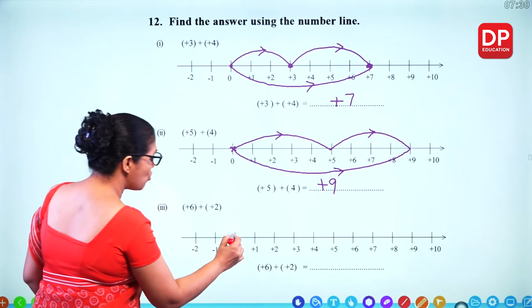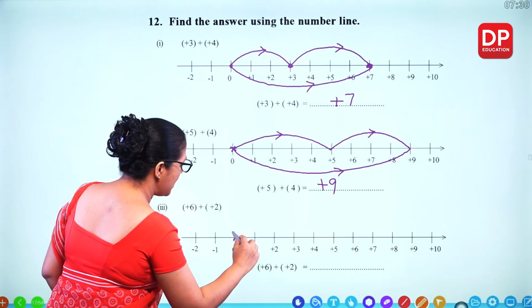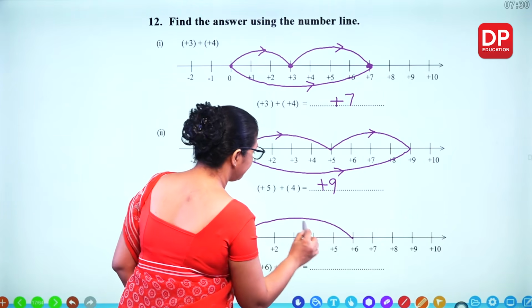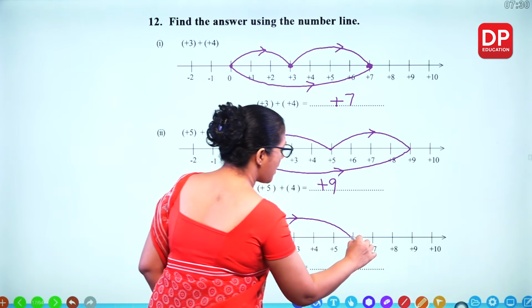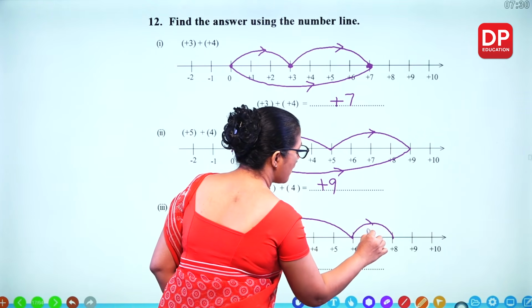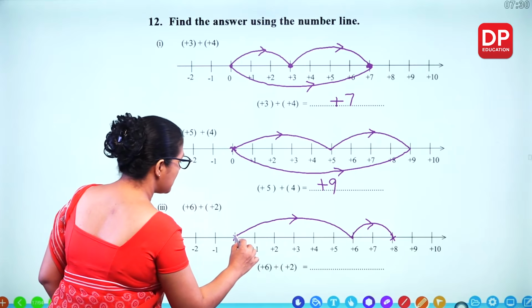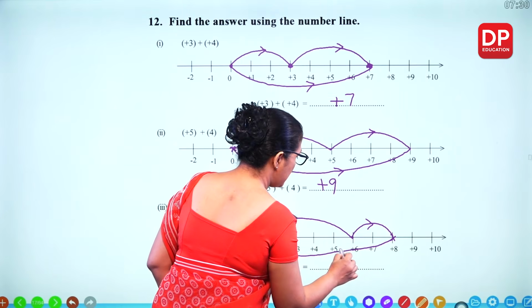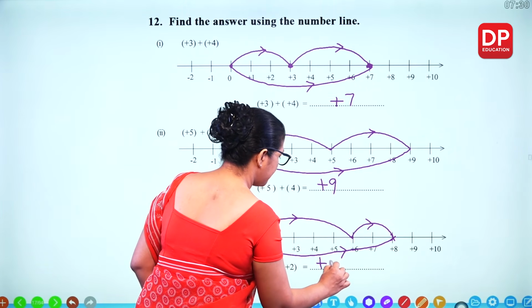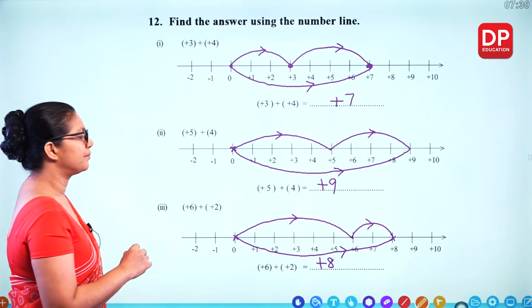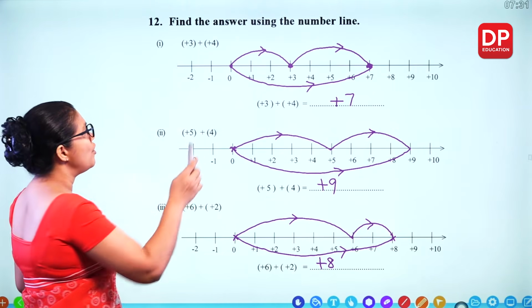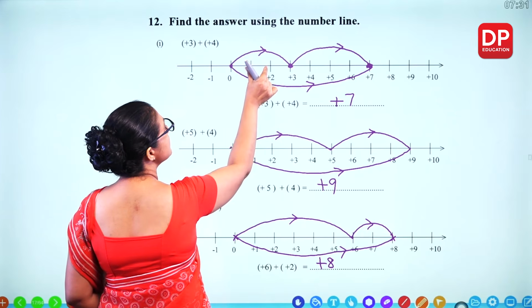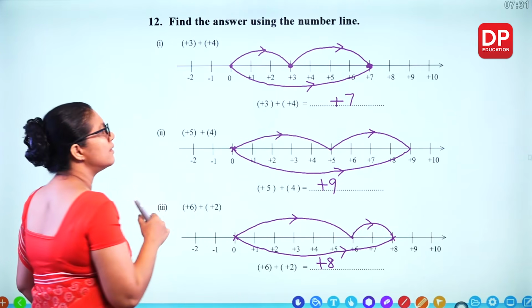Starting from initial point, plus 6 means 6 squares to the right. And then plus 2, another 2 to the right. Final position is this. Here to here means plus 8. So remember, on a number line, when you mark the numbers, the distances are equal.